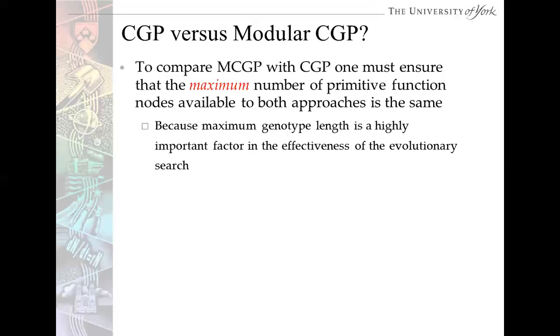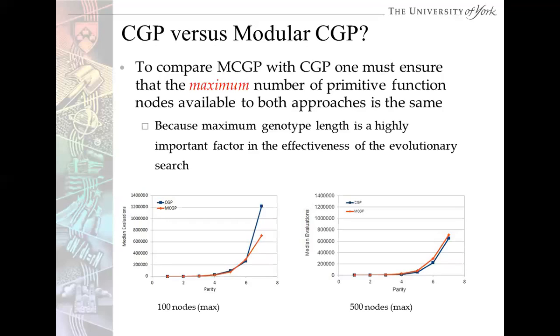So what happens if you do a fair comparison between the two? Here you can see two different experiments comparing CGP with modular CGP on a number of parity problems. As the number of inputs to the parity grows, the problem gets a lot harder.